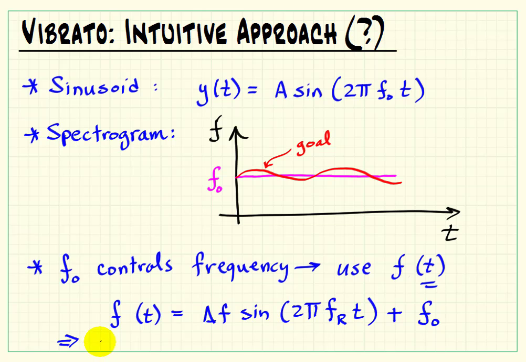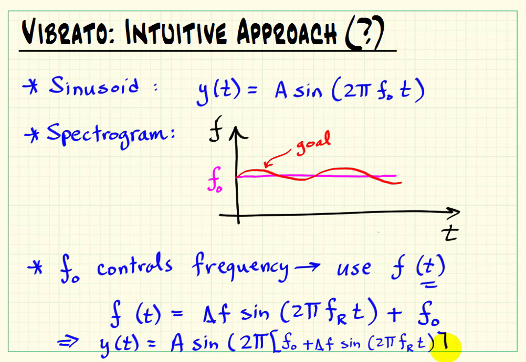So it seems that we can take our original sinusoid, and where we had f0, drop in our time-varying frequency function. We still have the t multiplier up on top, and that completes our equation for vibrato.